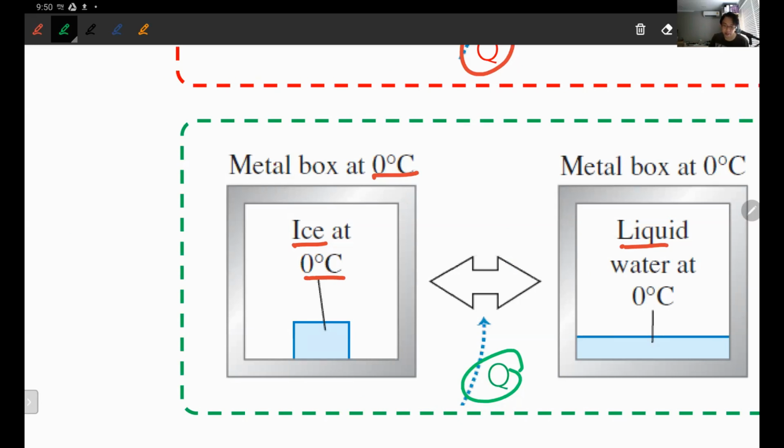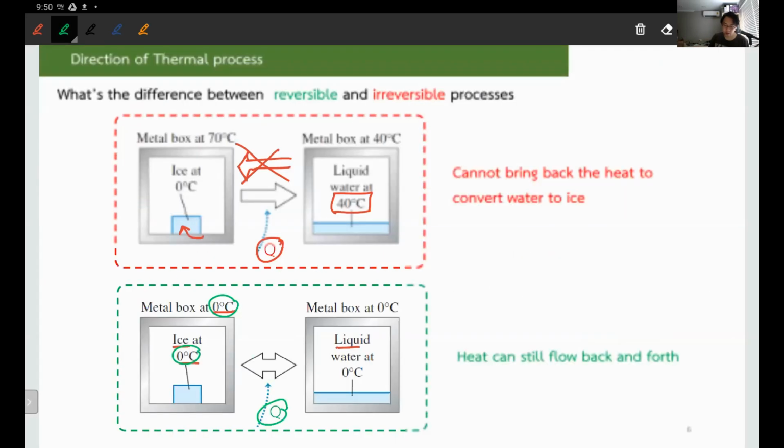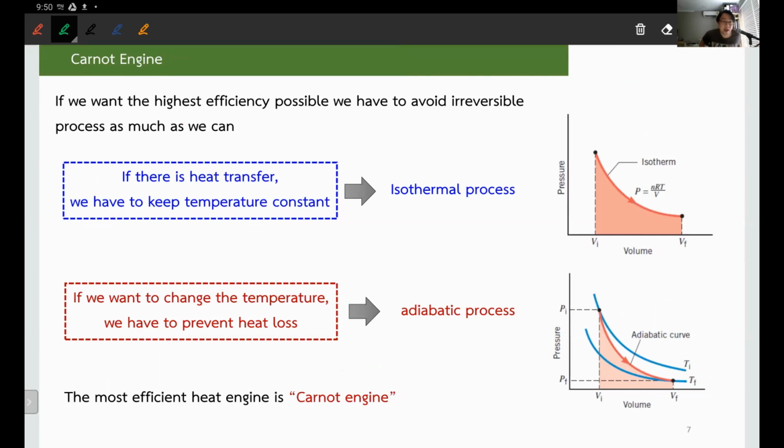However, you notice that to have that, it seems like the temperature has to match. Otherwise, it will go one way and then will not go back. So the conclusion is the heat can still flow back because the process is still reversible. But in the first case on the top, the heat that was involved, you don't know how to bring it back because the process is irreversible.